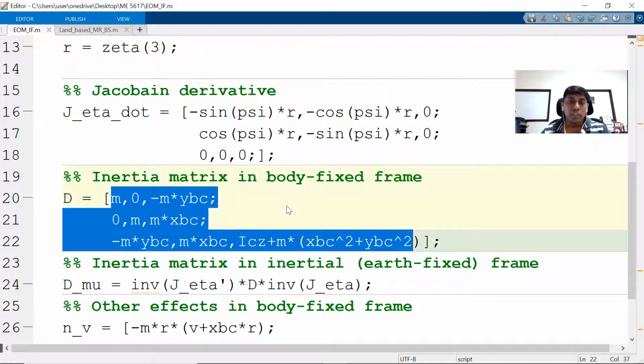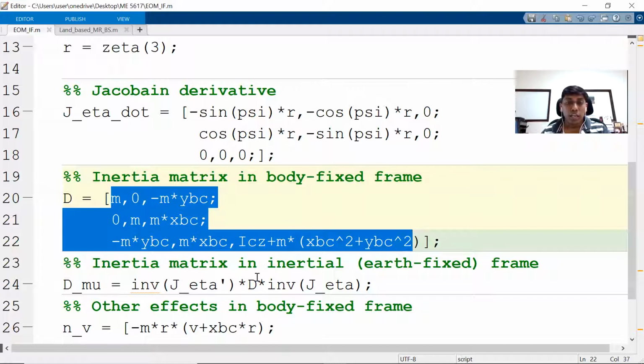Then you know how to get the inertia matrix in the inertial frame. Tau eta can be written as J transpose inverse into tau. We already know tau, so we are taking the other way around.